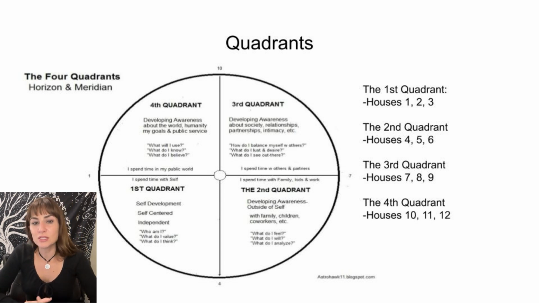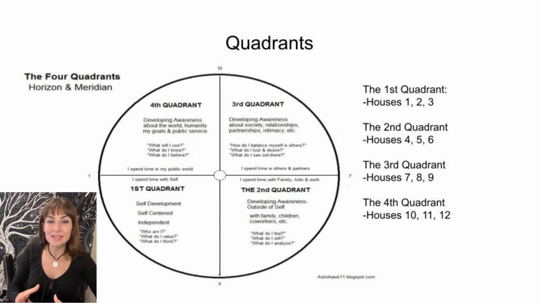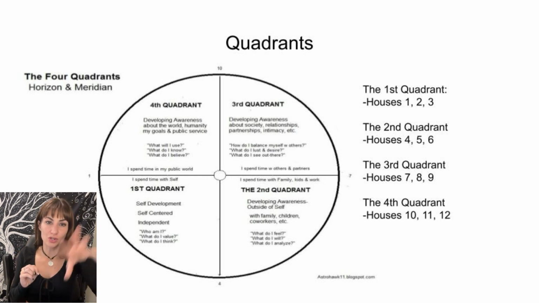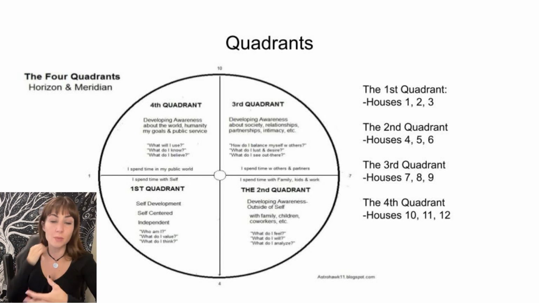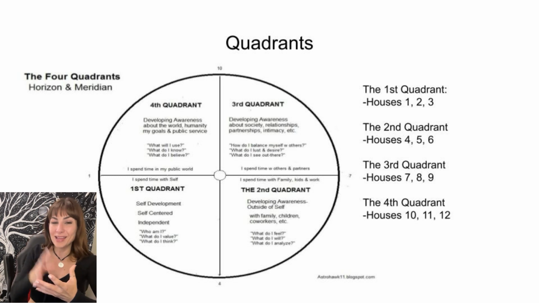The 11th house is our community, like our friendships, our organizations. If people are involved in volunteer work, in churches, in schools, that's all going to fall under the 11th house. It is also where we would talk about our friendships. Now, I said with the 7th house, our one-on-one friendships are like, this is my soul sister, right?